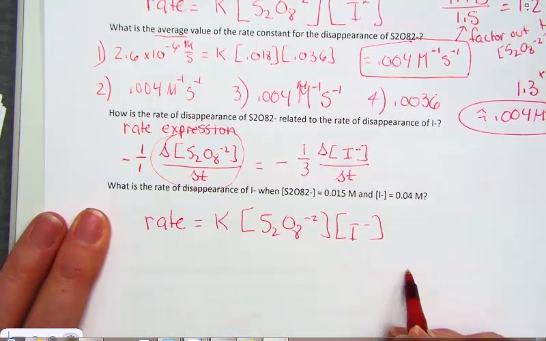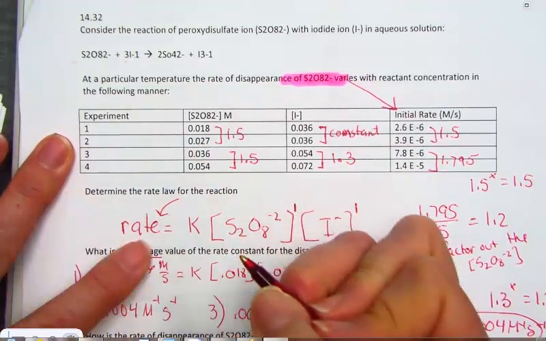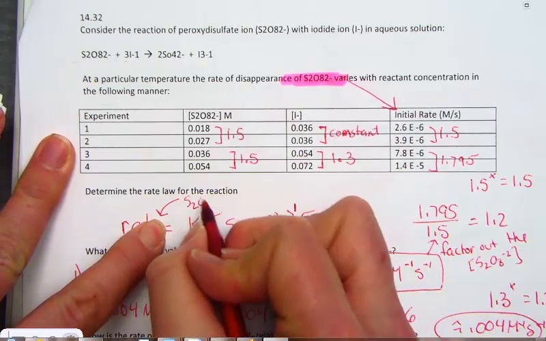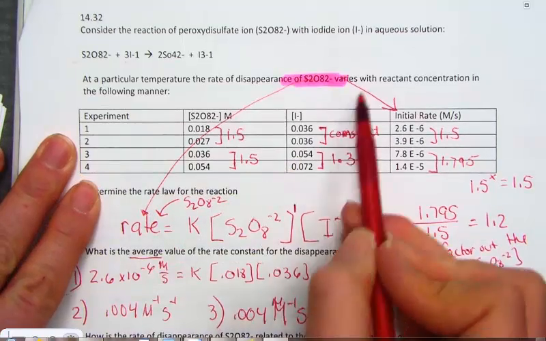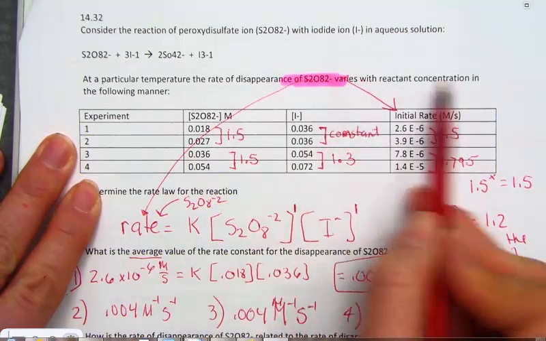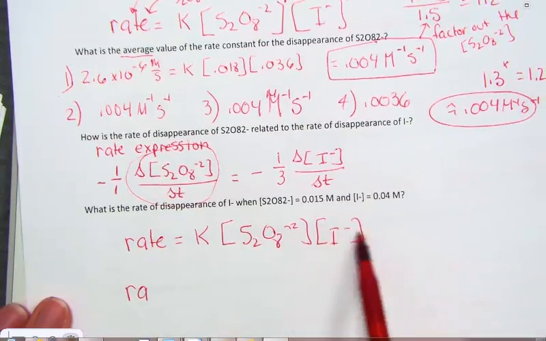Just repeating the rate law. What we're being asked to solve for: when we were up here, rate is S2O8 2-. This is what we were calculated because that's what our rate of disappearance was. So that's what we did here. But now all of a sudden we're comparing here.